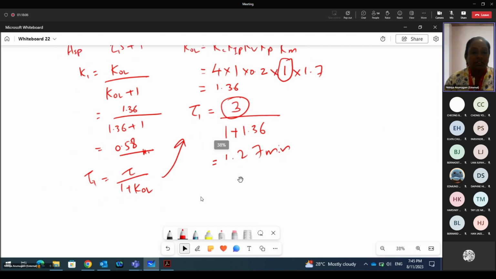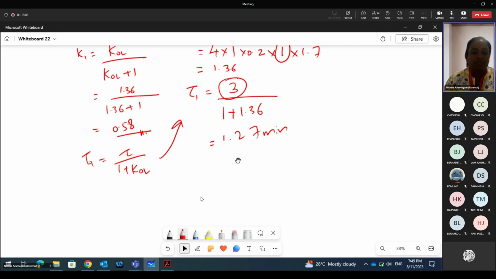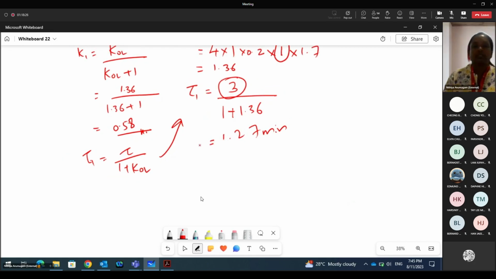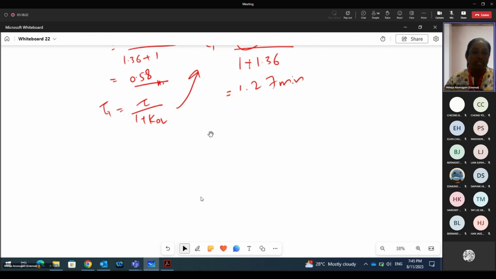The question is on how long it will take for a set point change to reach two different heights, right? So we already found the KOL and tau 1.